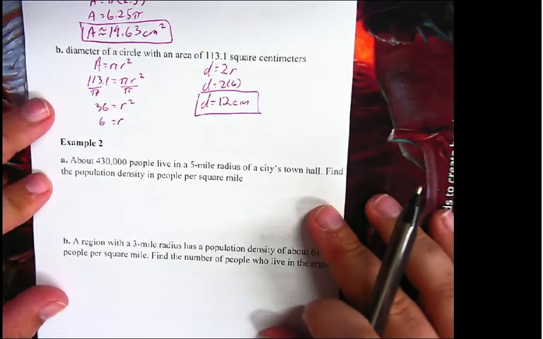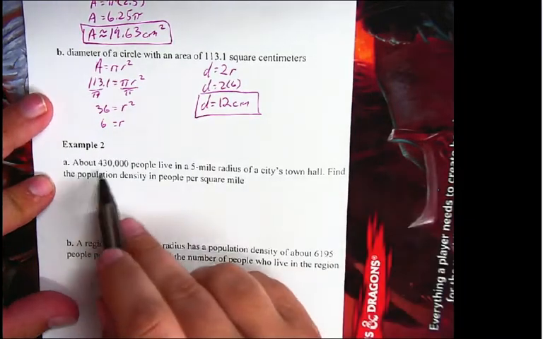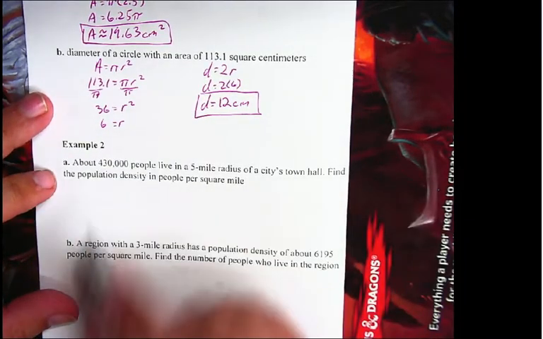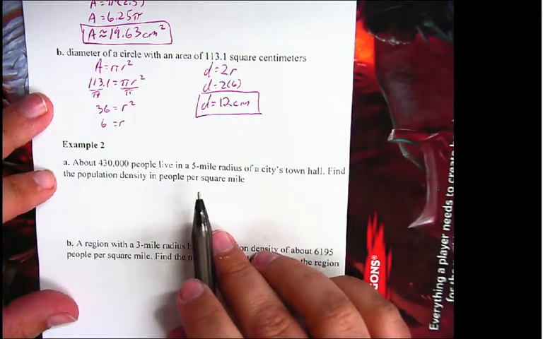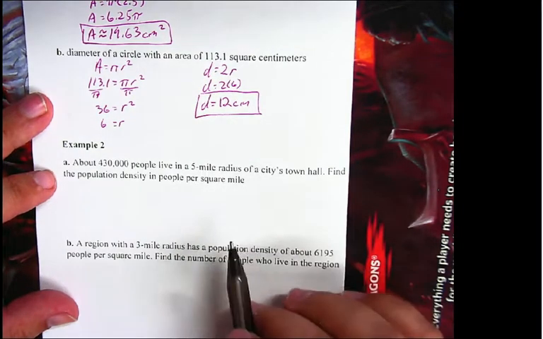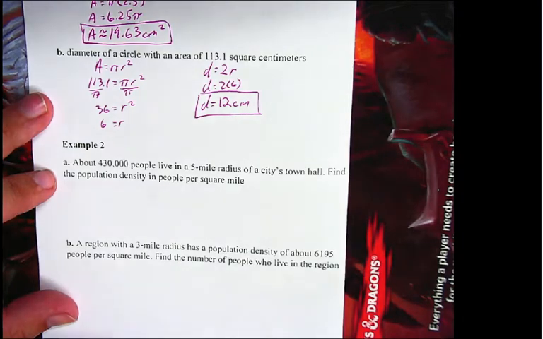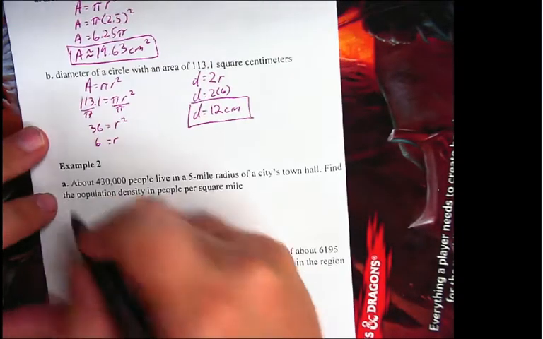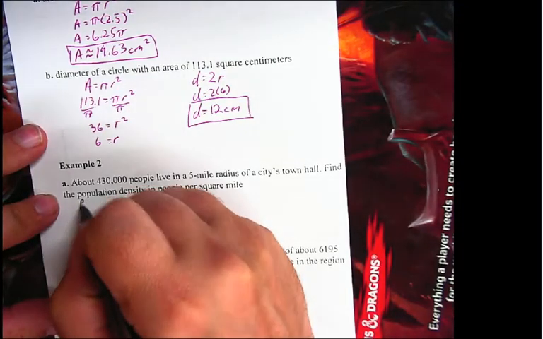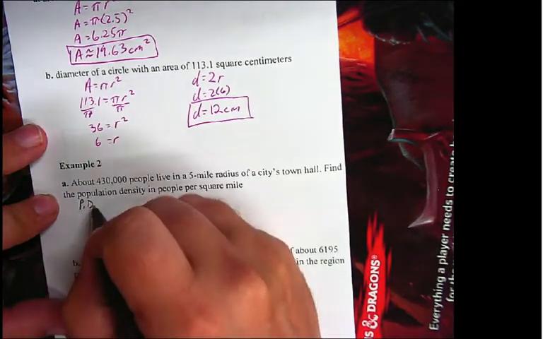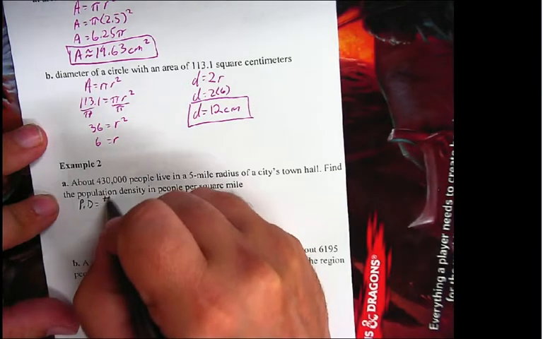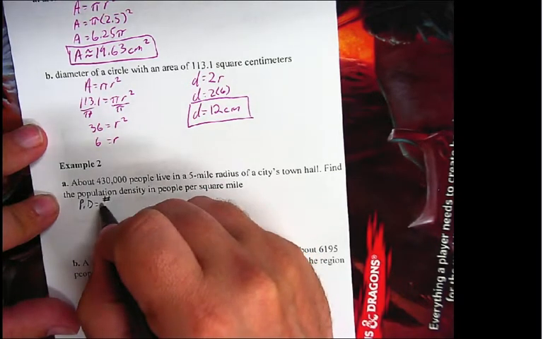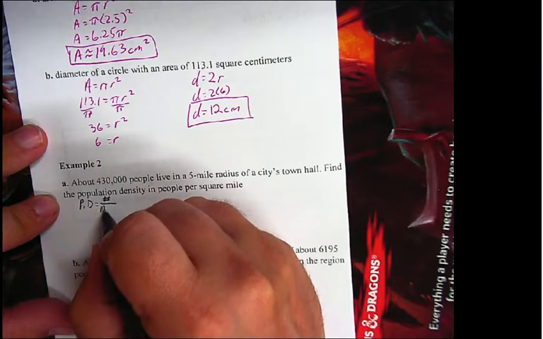Again, we have an A and a B. So approximately 430,000 people live in a 5-mile radius of a city's town hall. We want to find the population density in people per square mile. So, first our equation. I'm going to abbreviate. Population density equals number of people over area.